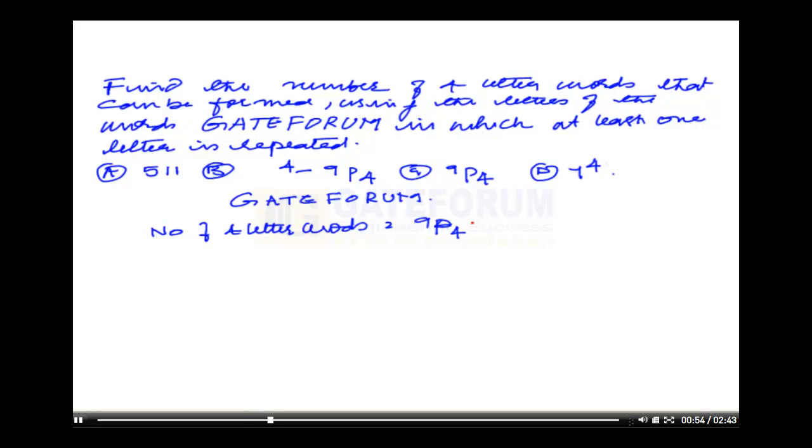Suppose you want to find words with at least one letter repeated, let us consider 4 blanks. Since repetition is allowed, the first one can be filled with any one of the 9 letters. As repetition is allowed, the second one can be filled with 9, third with 9, fourth with 9.